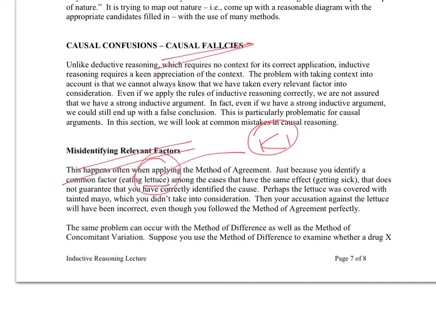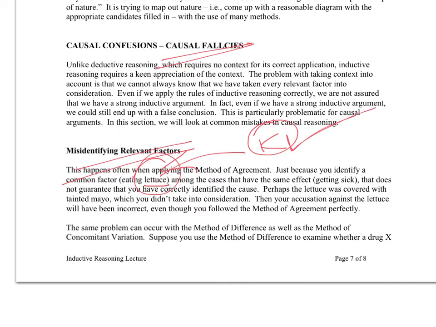If you fail to identify ketchup as a common thing, you're not going to notice it as something to look for as the cause of the illness. And you might mistakenly identify the lettuce as what caused the illness, even though it wasn't the lettuce, it was the ketchup.